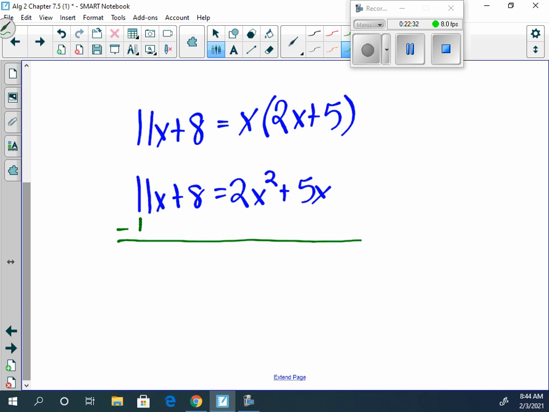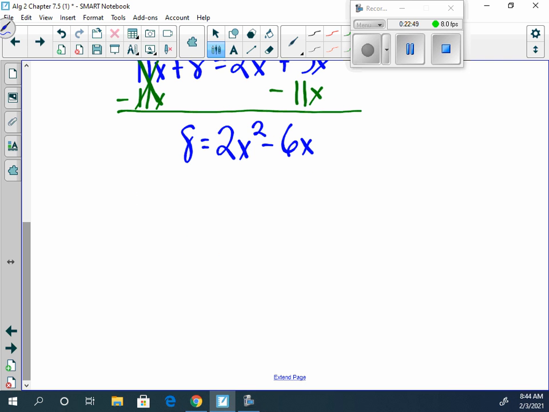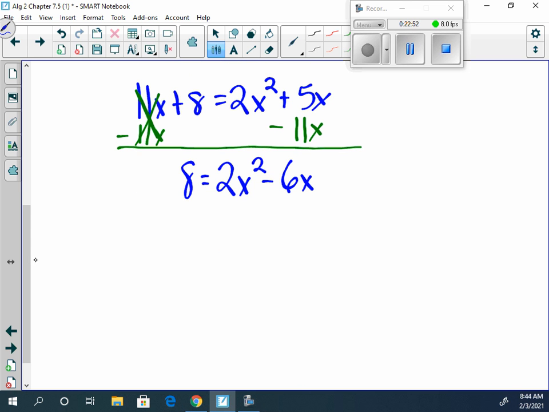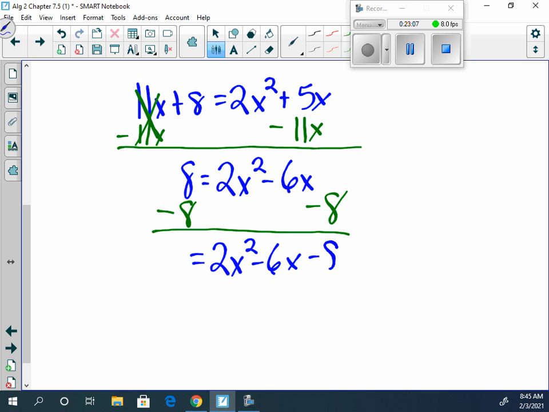We subtract the 8. Now, since there's no like terms with 8, that just gives us 2x squared minus 6x minus 8.